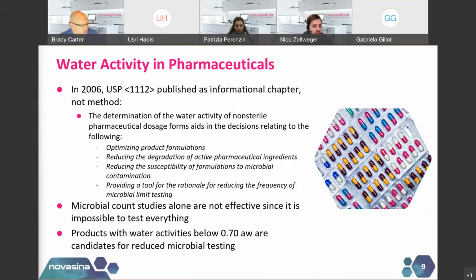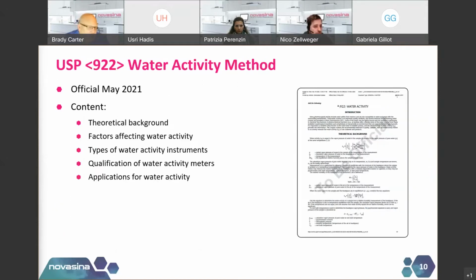And so this was really the first attempt to try and make that possible within the pharmaceutical industry, but again, not an official method. So that leads us to USP 922. This became official in May of 2021, where it became an actual official method for measuring water activity.